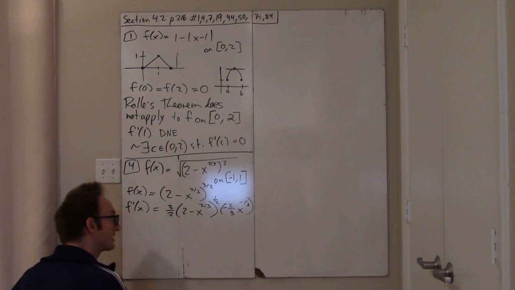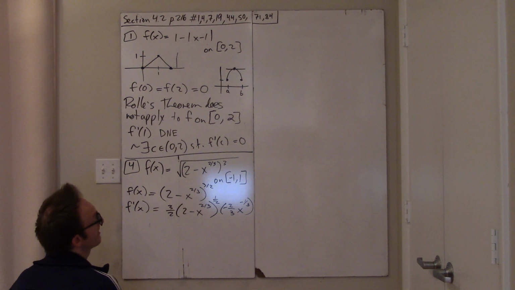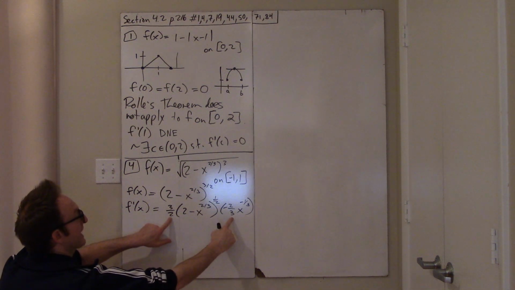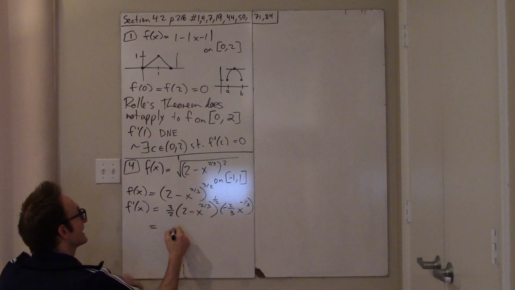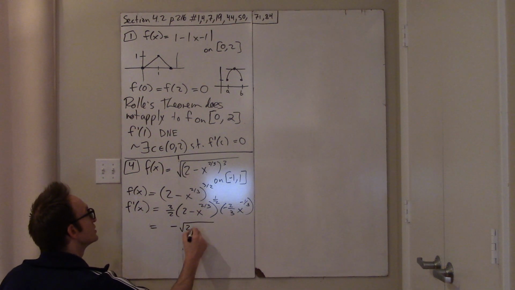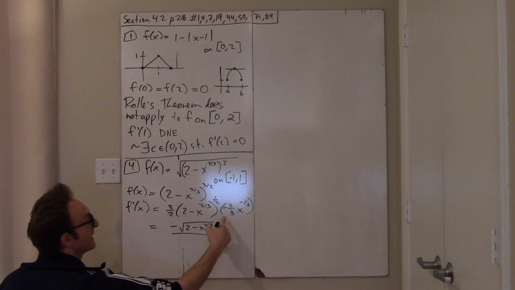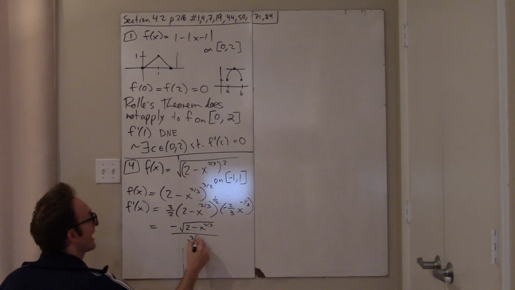So this is just kind of some chain rule practice now. Let me make sure I did that right. I think I did. Okay, and so what is this big mess? These cancel, and what we end up with is something like negative root 2 minus x to the 2/3 over the cube root of x.